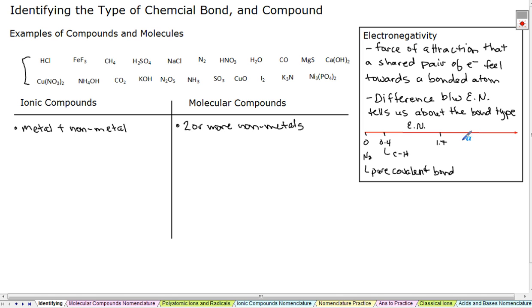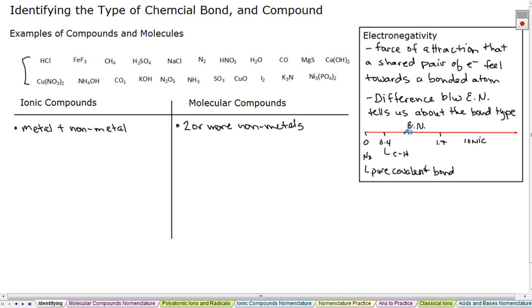Anything beyond 1.7, and we are now into the ionic area of the spectrum. So any two elements that have an electronegativity difference of 1.7 or more, and it turns out that that's when you have metals and nonmetals, you now have an ionic bond.